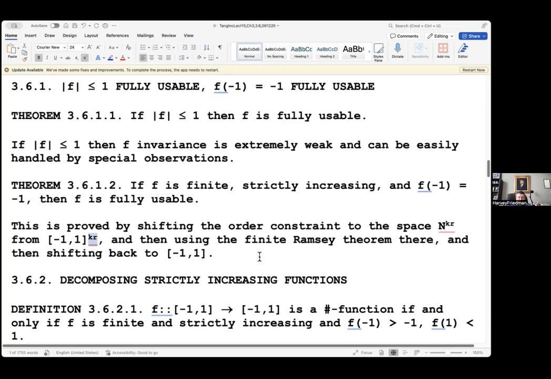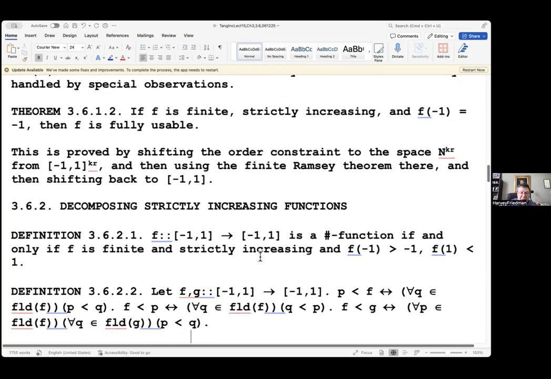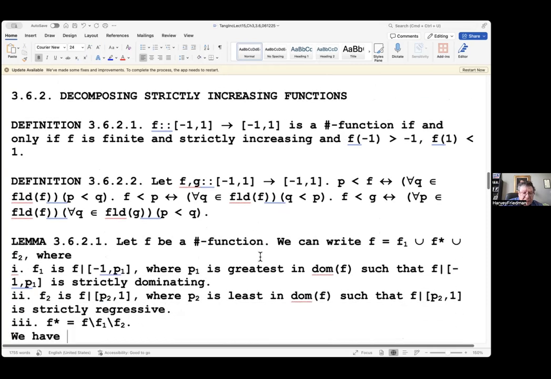All right. Now, the real problem occurs with endpoints. So I proceed as follows.